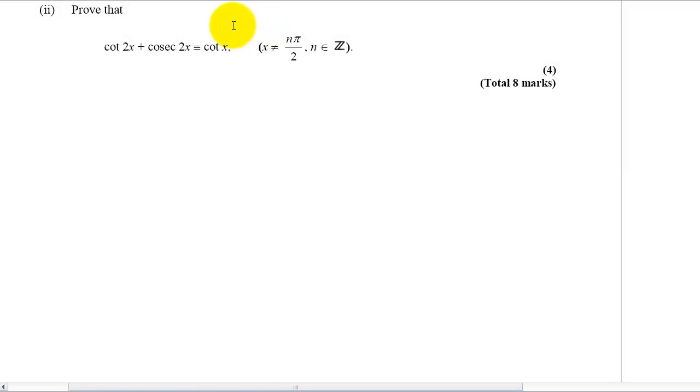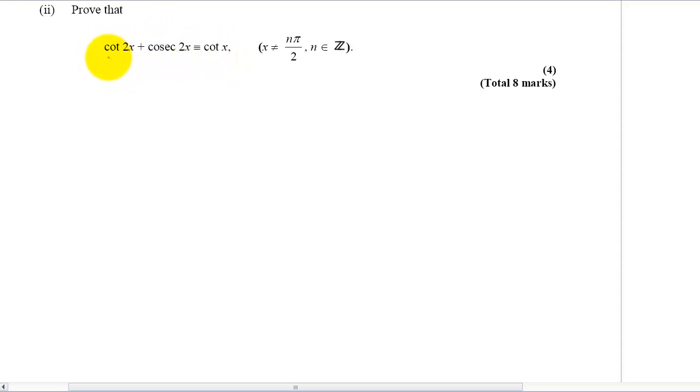Okay, in the last part of our test, we're going to prove that cot 2x plus cosec 2x equals cot x. Now when you're doing these proofs, it's always important that you just take one side, rearrange it until you get the other side. A rule of thumb is always take what looks most complicated and then try and make it simpler.